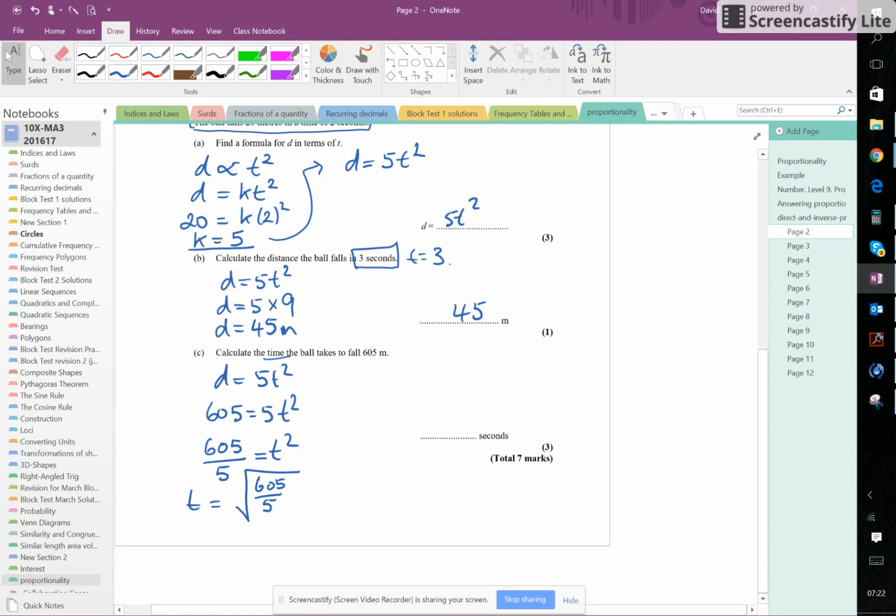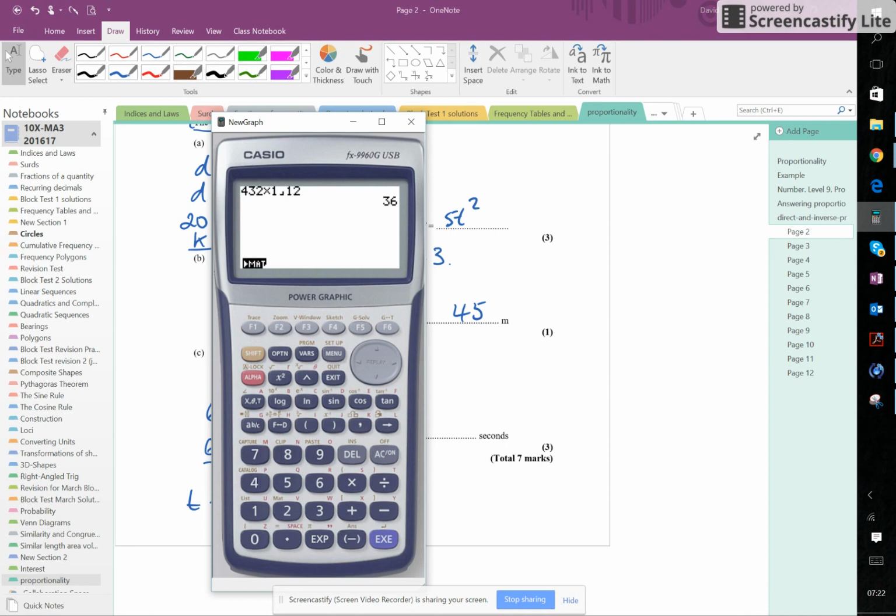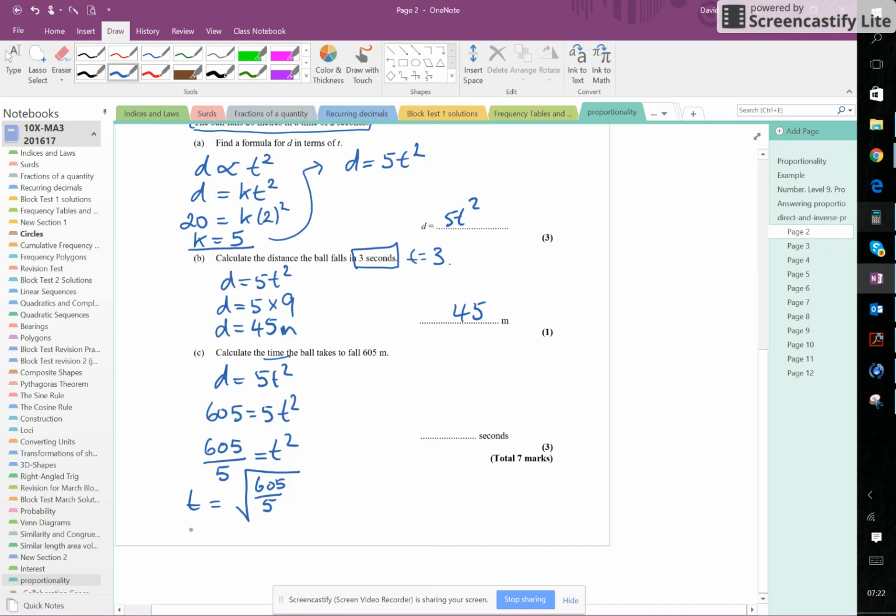Well, actually 605 over 5 is something nice. 605 divided by 5, that's 121. So t is the square root of 121, which of course is 11. Actually, it's plus or minus, but we're not interested in negative time, so we're going to take positive time here of 11 seconds.